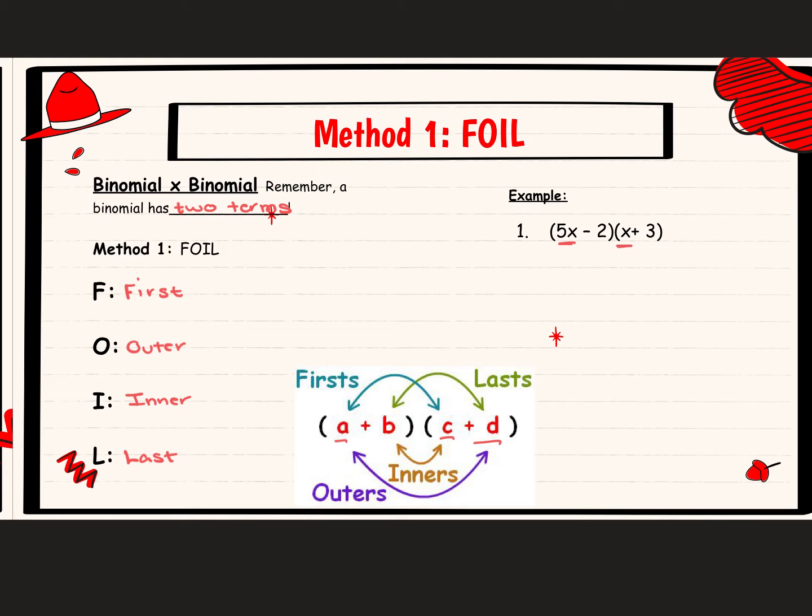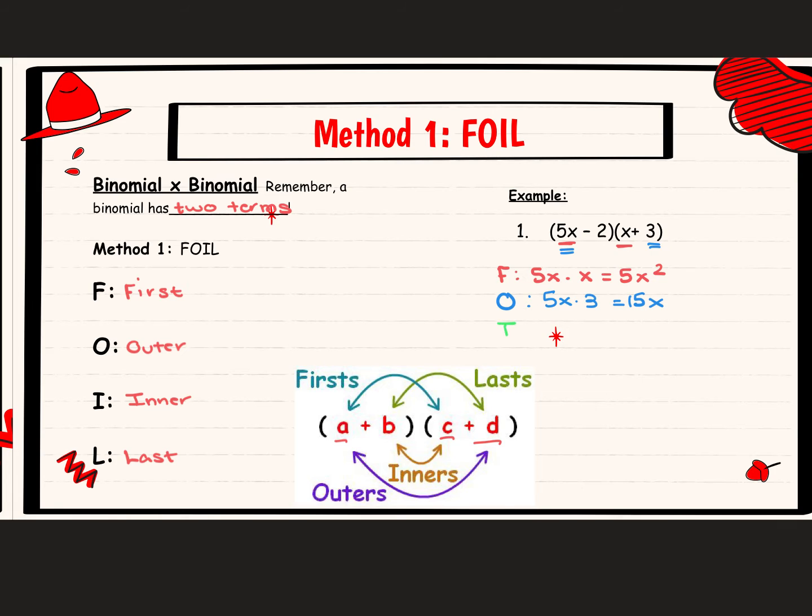So for our first terms, we have 5x times x, which is going to give us 5x squared. When we look at outer, we're looking on the outside. So that's going to be 5x and 3. So we have 5x times 3, which is going to give me 15x.